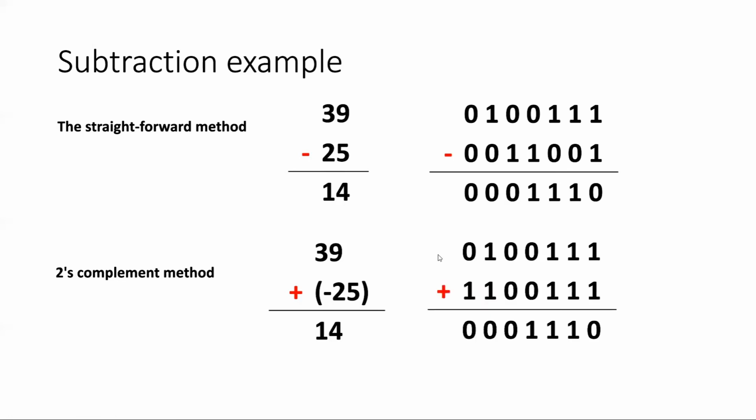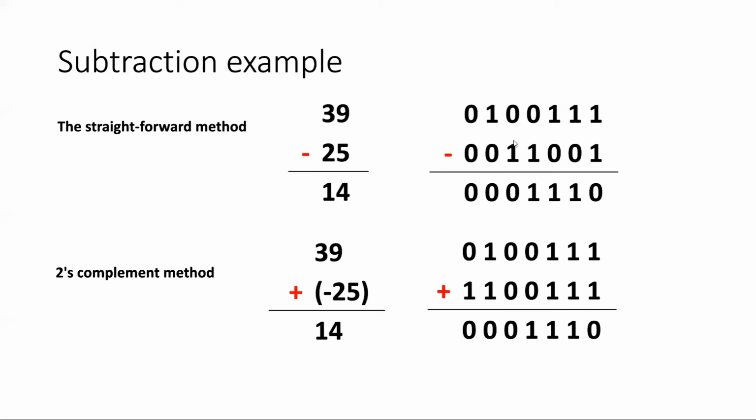So here we add the binary representation of 39 as in the previous case. But this time, we add up 2 numbers as opposed to the previous method, in which we subtracted. But our second operand is different here. In this case, we write the 2's complement of 25. Let's practice a little bit to see what is the 2's complement of 25.